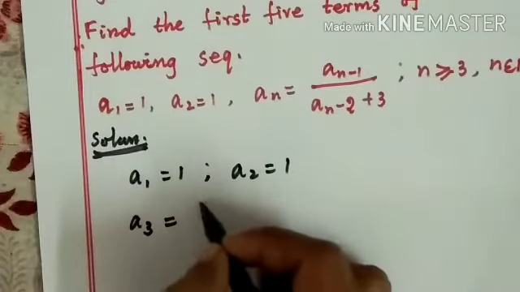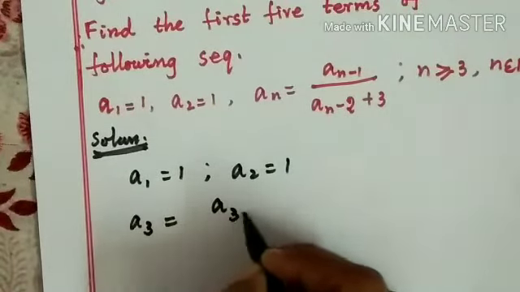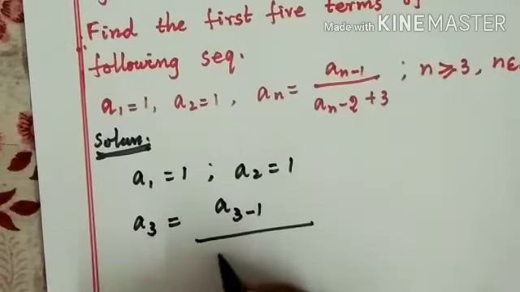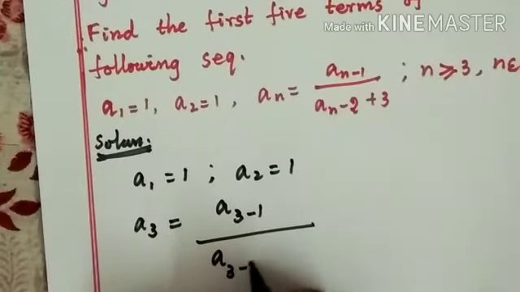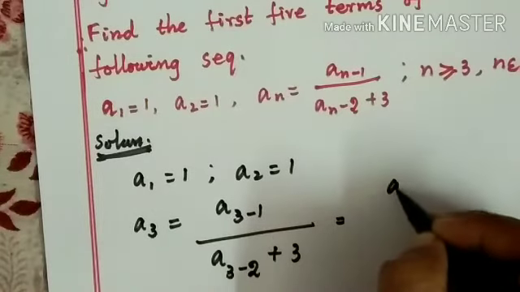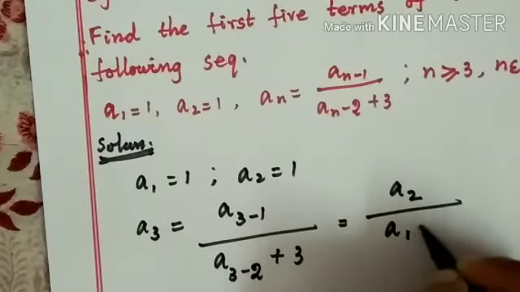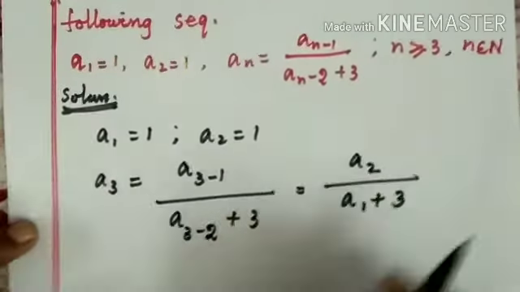Then we get A3 is equal to A3 minus 1 by A3 minus 2 plus 3, that is equal to A2 by A1 plus 3.